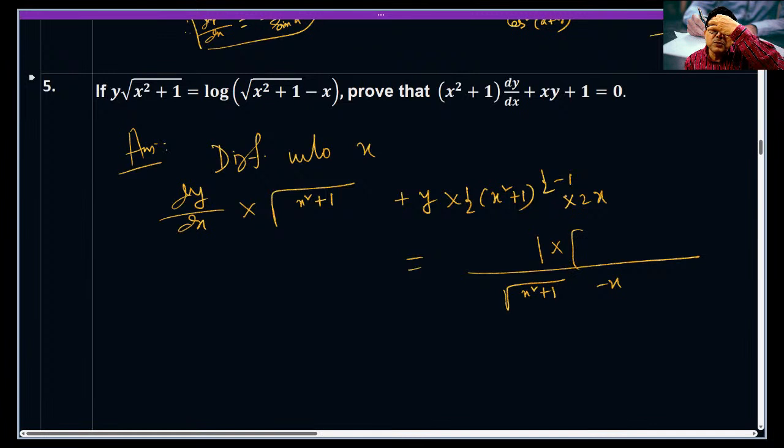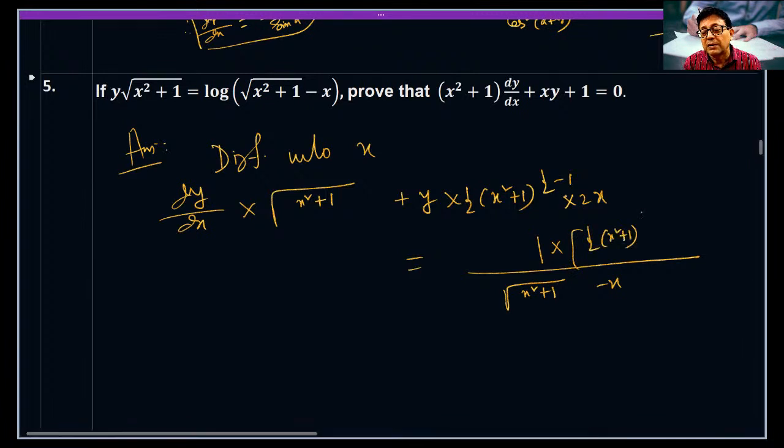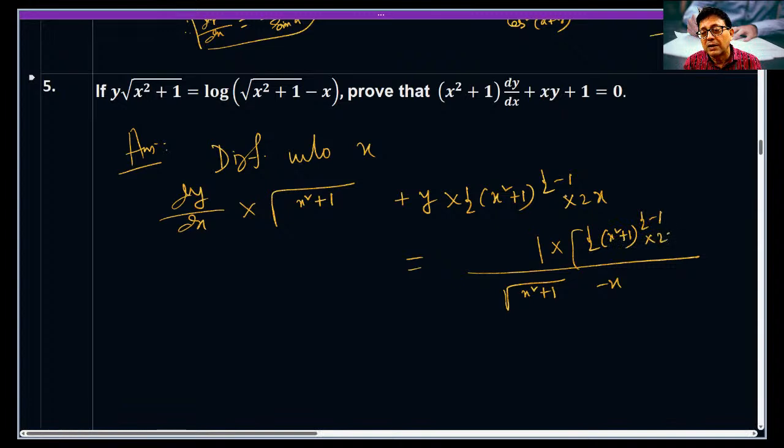This is root of x square plus 1. Am I clear? Check. I think I have done it correctly. Just a simple derivative. Product rule here and log rule here.